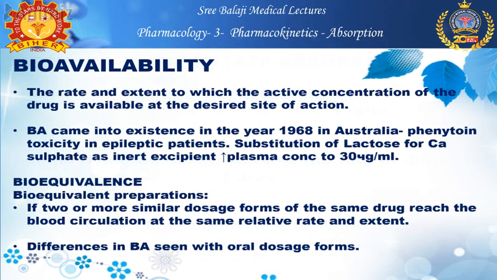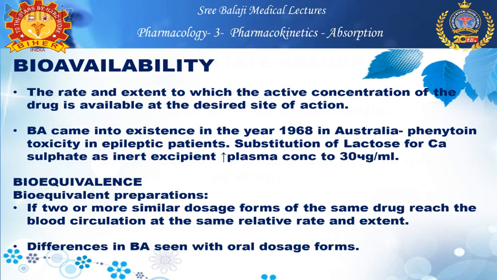Then moving to two terms that we use in absorption: bioavailability and bioequivalence. What is bioavailability? Bioavailability is the rate and extent to which the active concentration of the drug is available at the desired site of action. Bioavailability came into existence in the year 1968 in Australia, when phenytoin toxicity in epileptic patients was reported after a change in excipients.